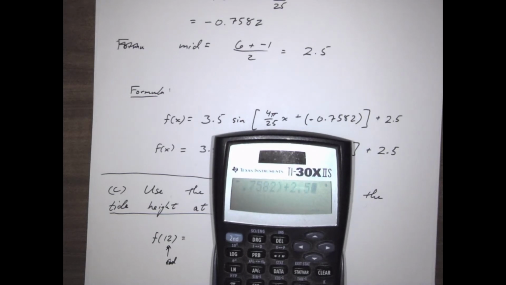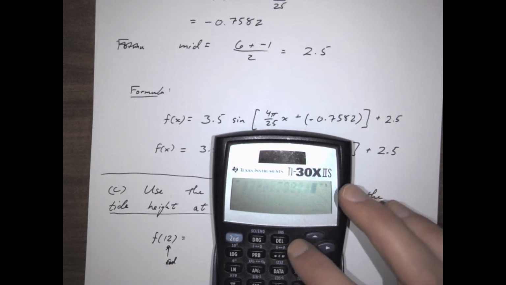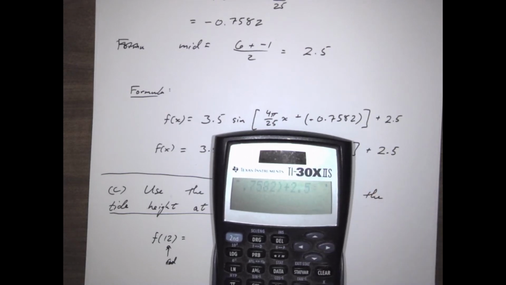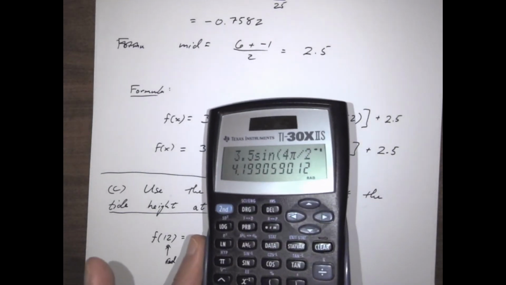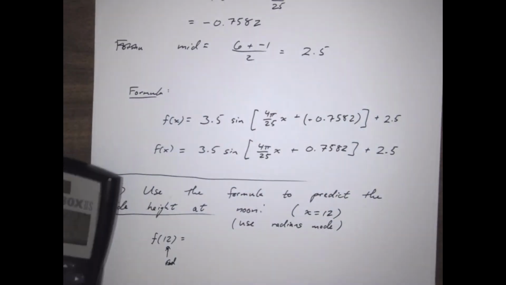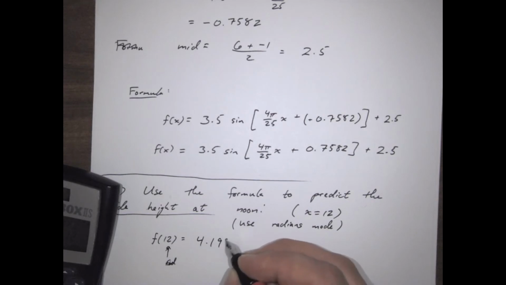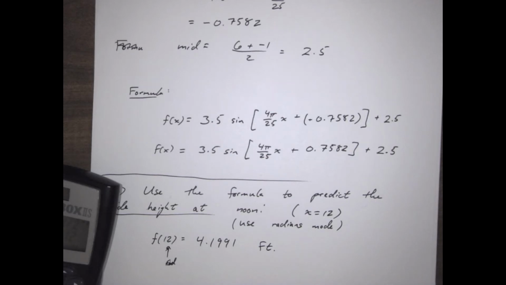So this is us just entering that formula with a 12 for the x. We made a formula, and now we use the formula to predict a height, and it says that it would be 4.1991 feet, rounded to 4 decimal places.